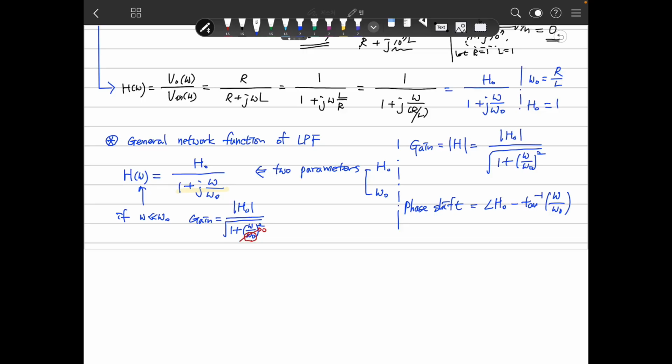So the main thing is H0. Because of that, we call this the DC gain. What's the meaning of that? This means very, very, very low frequency. I mean, frequency is 0. So we call H0 the DC gain.